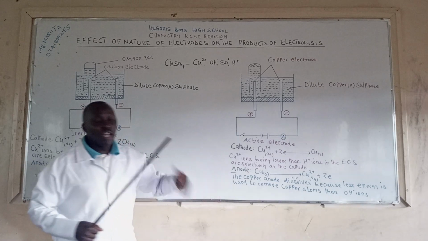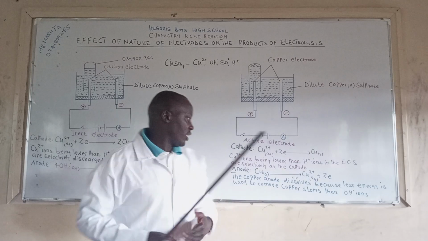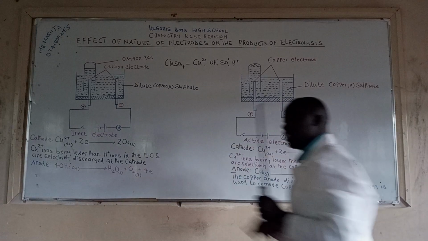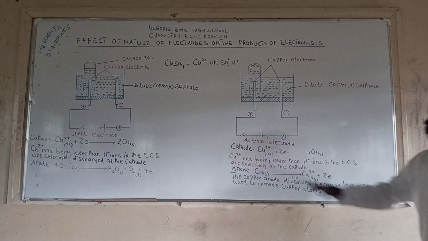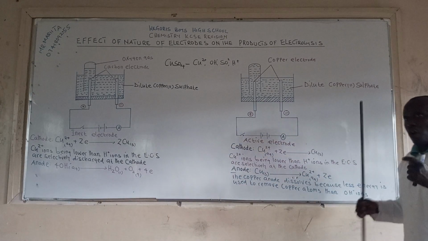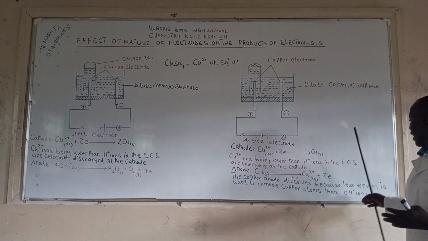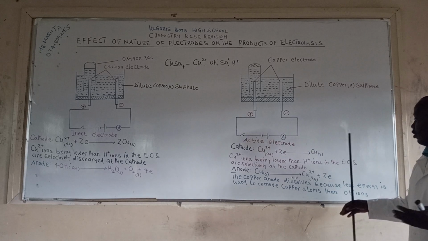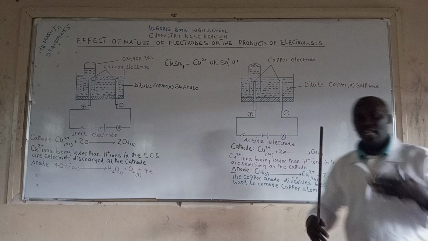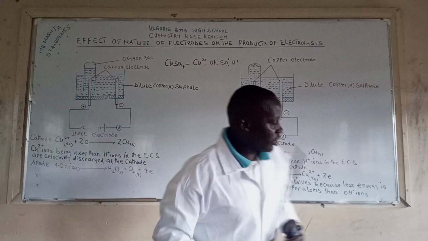At the anode now, there is no oxygen gas collected, but we have the copper anode. The copper anode dissolves because less energy is used to remove copper atoms than the hydroxide ions.